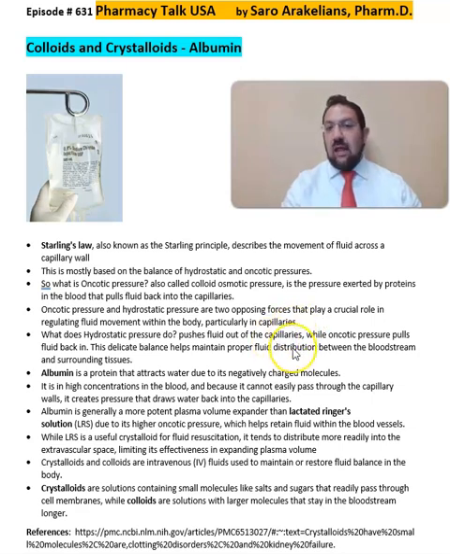It pushes the fluids out of the capillaries, as I mentioned, while oncotic pressure pulls them back into the capillaries. The delicate balance of maintaining proper fluid distribution between the bloodstream and the surrounding tissues is done through these osmotic, oncotic, and hydrostatic pressures.